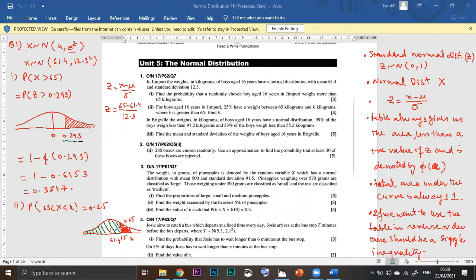The one with k minus 65. Shouldn't it be like the area till k minus the area till 65? No.